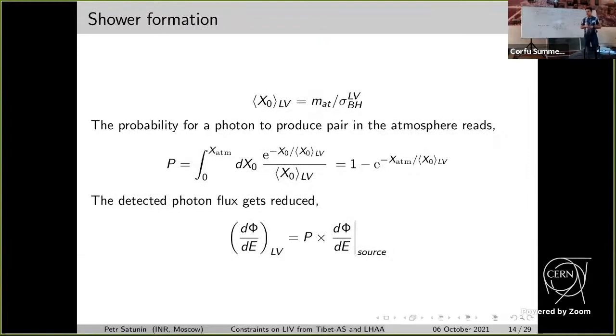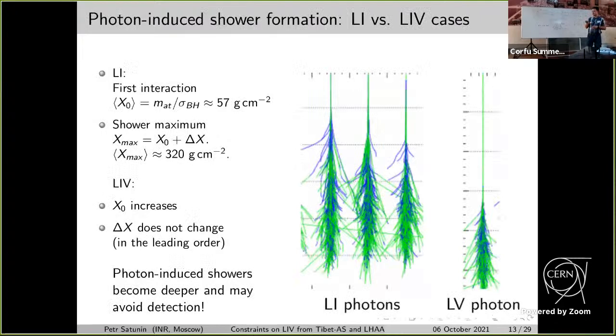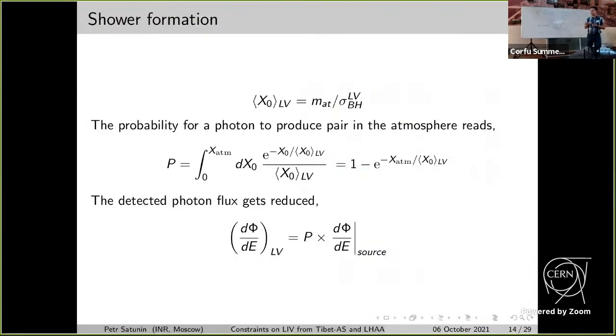So the prediction is that photon showers that are deeper may not be recognized by the experiment as a photon shower, and so they may be skipped from the detection. So the detected photon flux gets reduced by this factor P, which is described by this exponent.